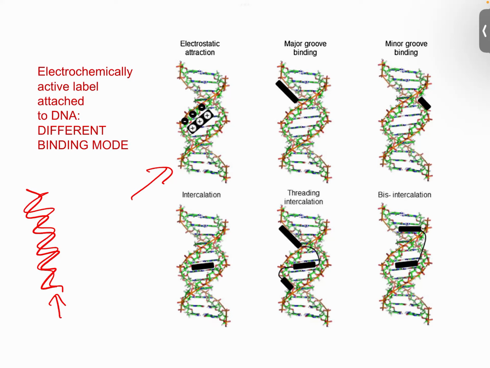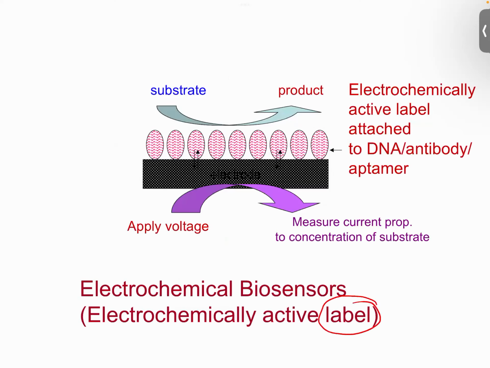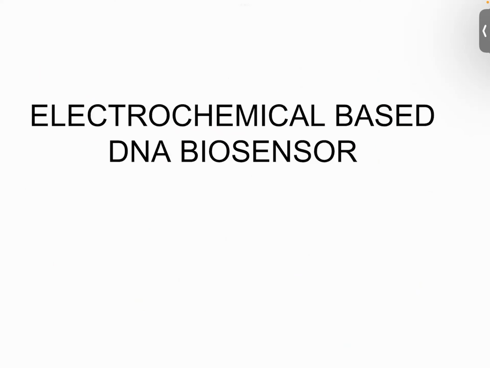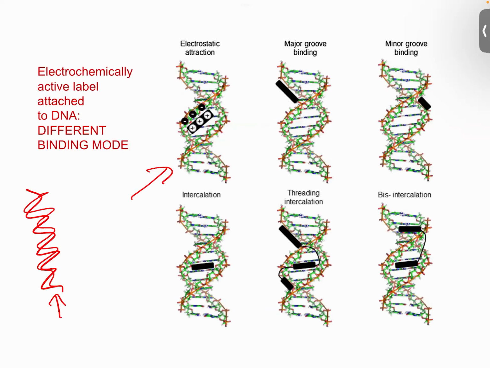So in this topic, we are talking about electrochemistry, so we are talking about electrochemically active labels. Sometimes for DNA biosensor, we call it hybridization indicator. The word indicator should at least give you some idea. It tells us about the hybridization, whether it is complete, strong, or weak.